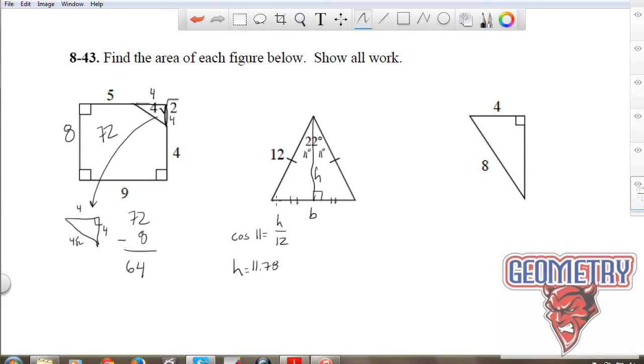Now to find this base portion here, that's going to be sine, right? So it's the opposite divided by hypotenuse. So the sine of 11 equals, I'll call this x, x over 12. So the sine of 11 times 12 is 2.29.